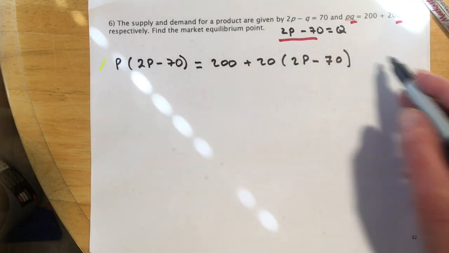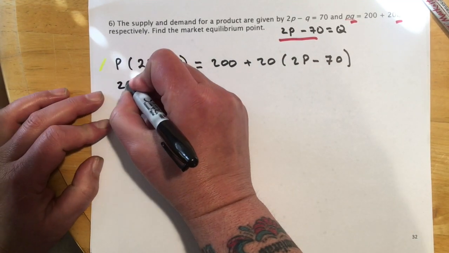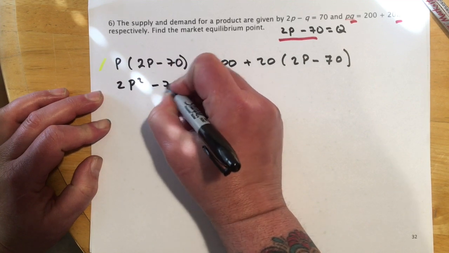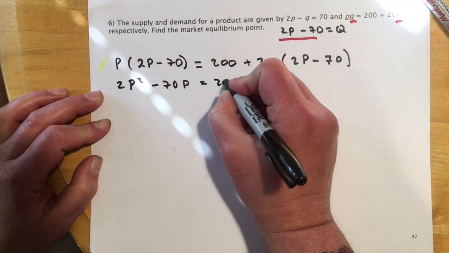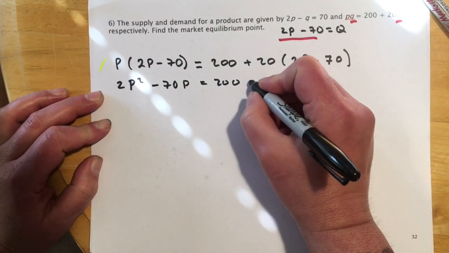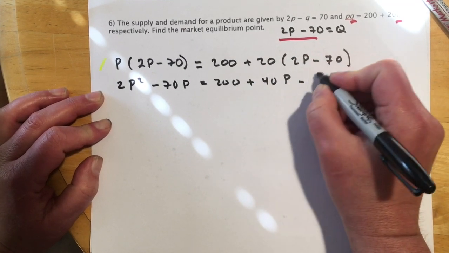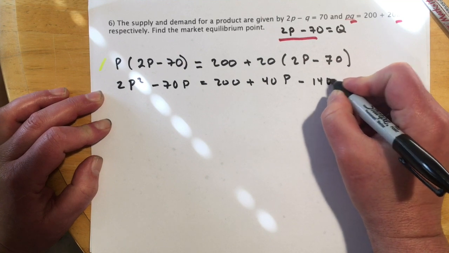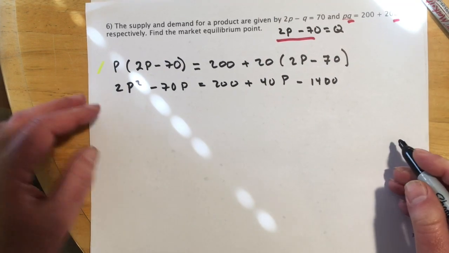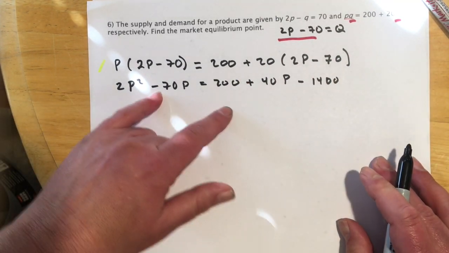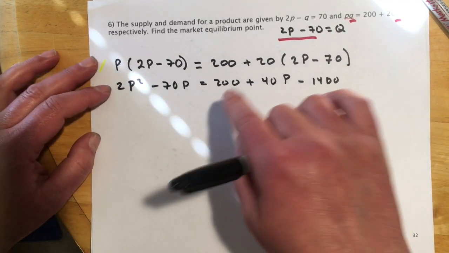And now I'm going to go ahead and clear all these parentheses. So 2p squared minus 70p, 200, and then just run the 20 through. So that'll be 40p minus 1400. And then it's quadratic, so I'm going to bring everything over to one side and solve.